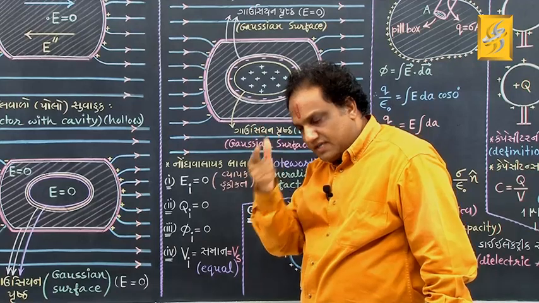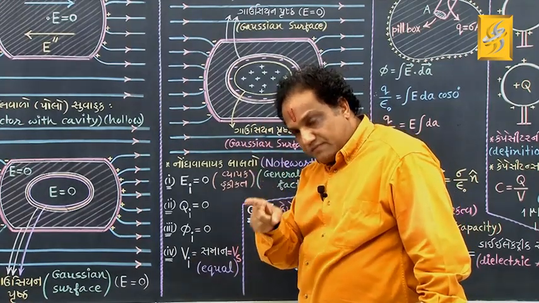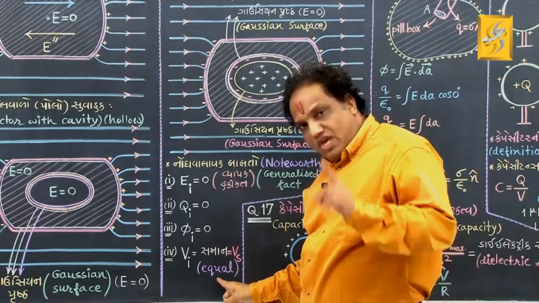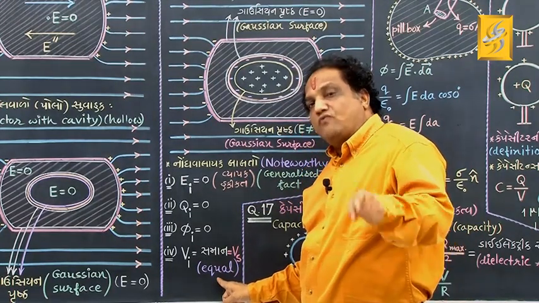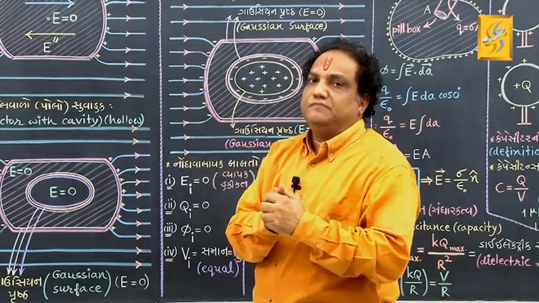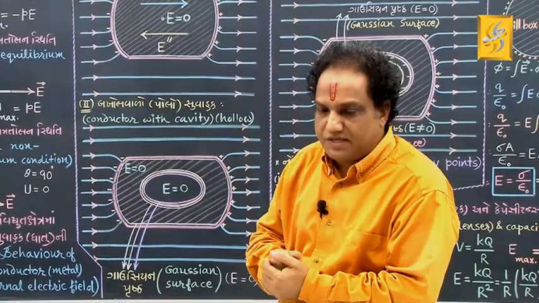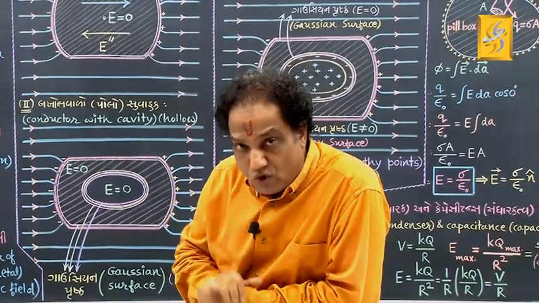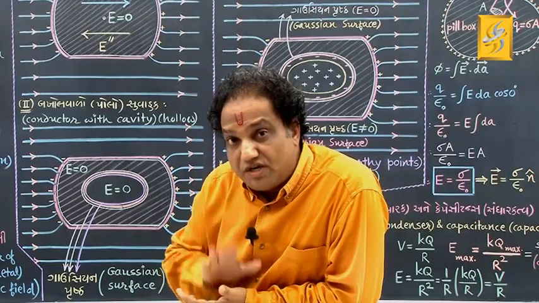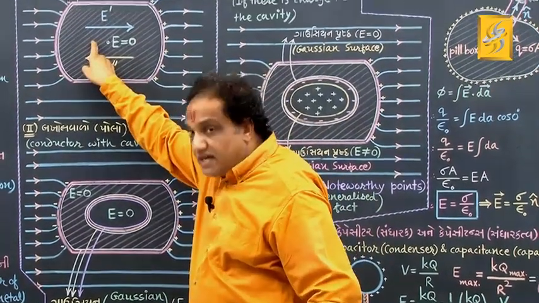And the last point, my dears: the electric potential at every inside point is the same, equal to the value of potential on the surface of that conductor. Last time also we had discussed this, whenever the electric field is 0, there is no potential difference between any two points inside this conductor.